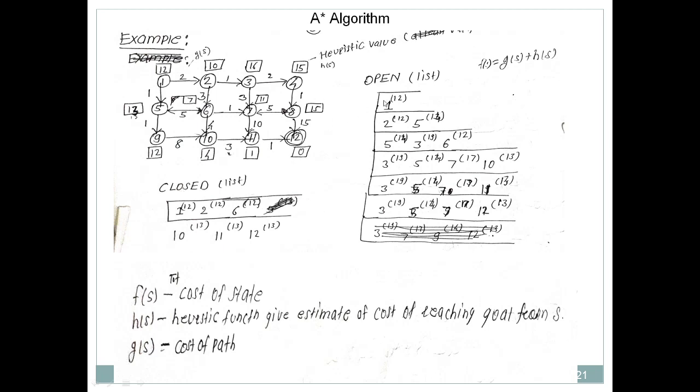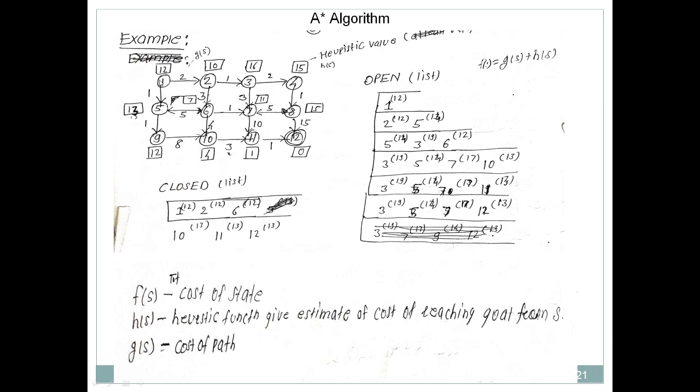The open list consists of those states which are not explored yet, but a state which is part of the closed list is considered explored, for which successors have already been developed. So I just explained the importance of the open list and the closed list.